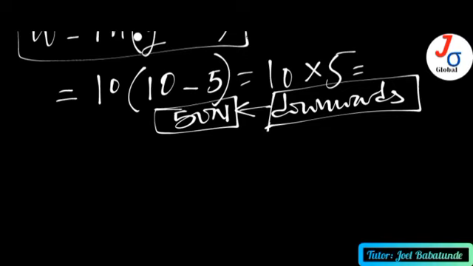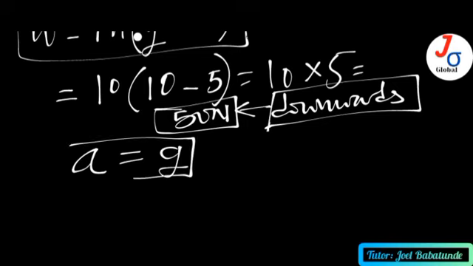There is a point where the man is going to feel weightless, and that point is when the lift is actually falling under gravity, when a equals g. So when a equals g, the person is going to feel weightless.